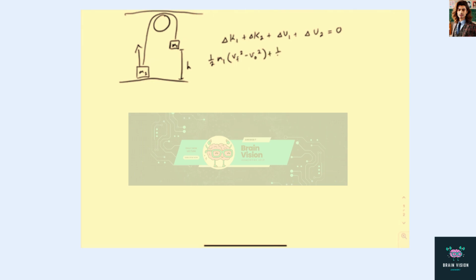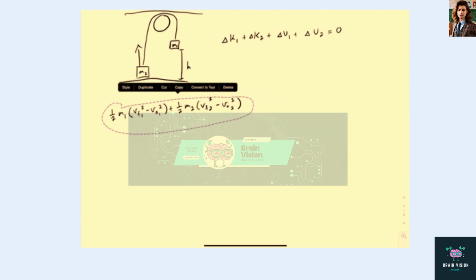Then we can write the same thing for m2. Vf, I guess I should write vf1 and v0,1, and this is for 2, minus v initial for 2 squared. And then add in the potentials.